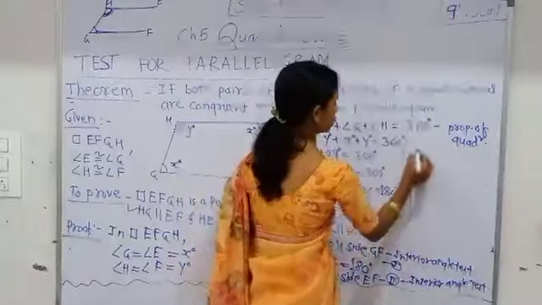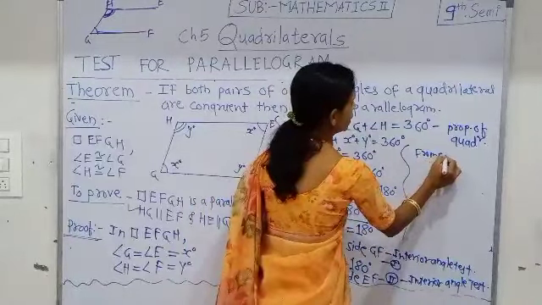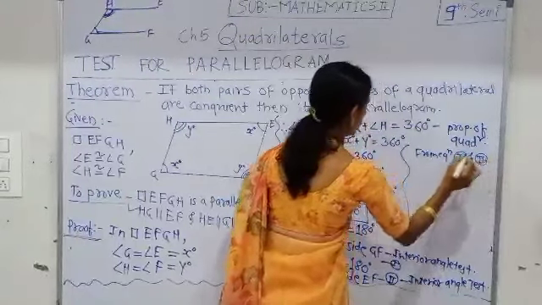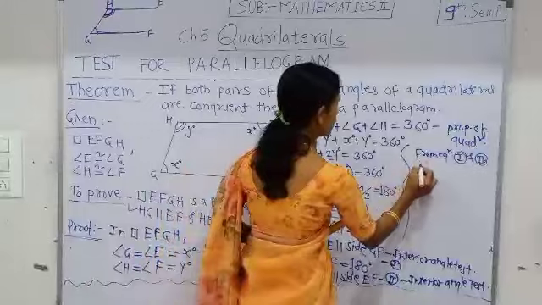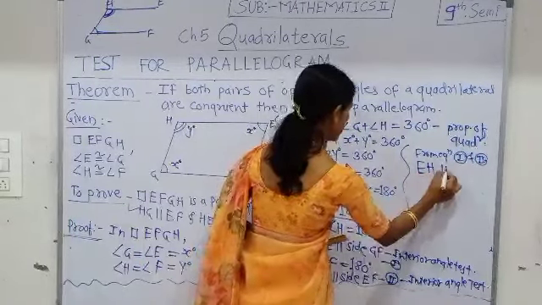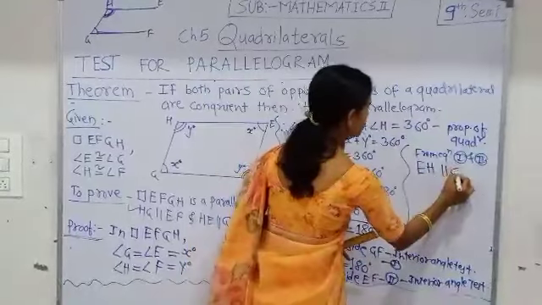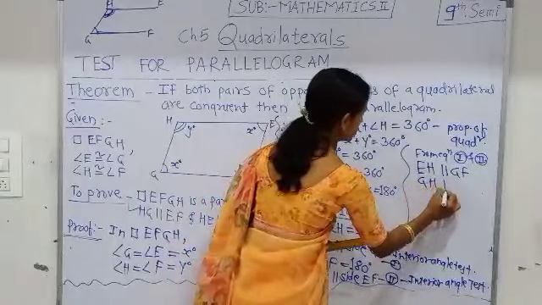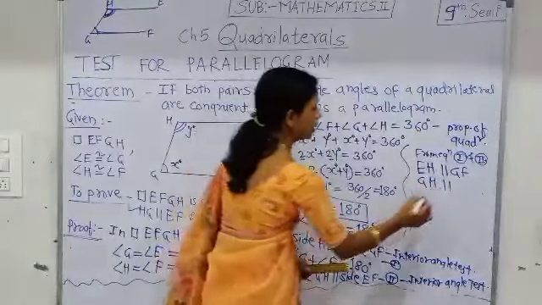Then from equations 1 and 2, it is proved that EH is parallel to GF and GH is parallel to EF.